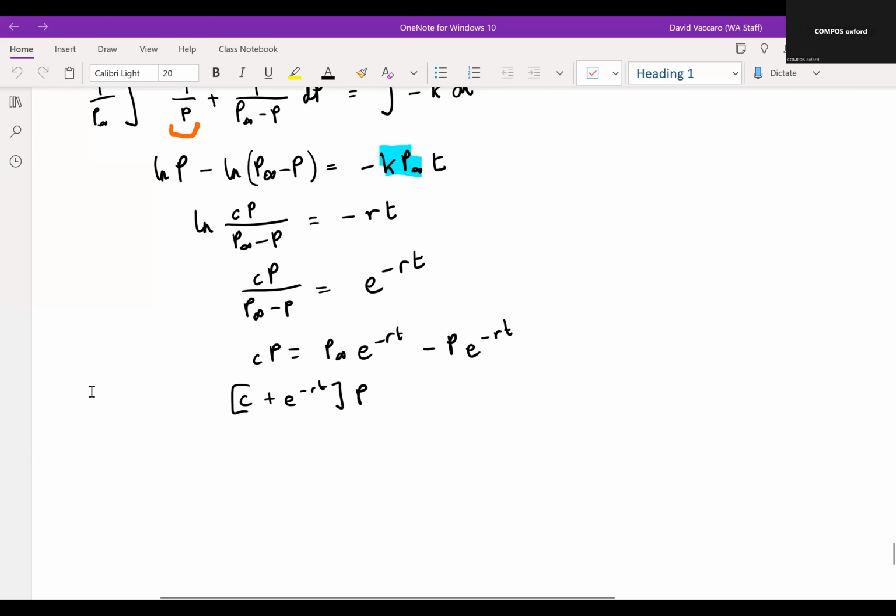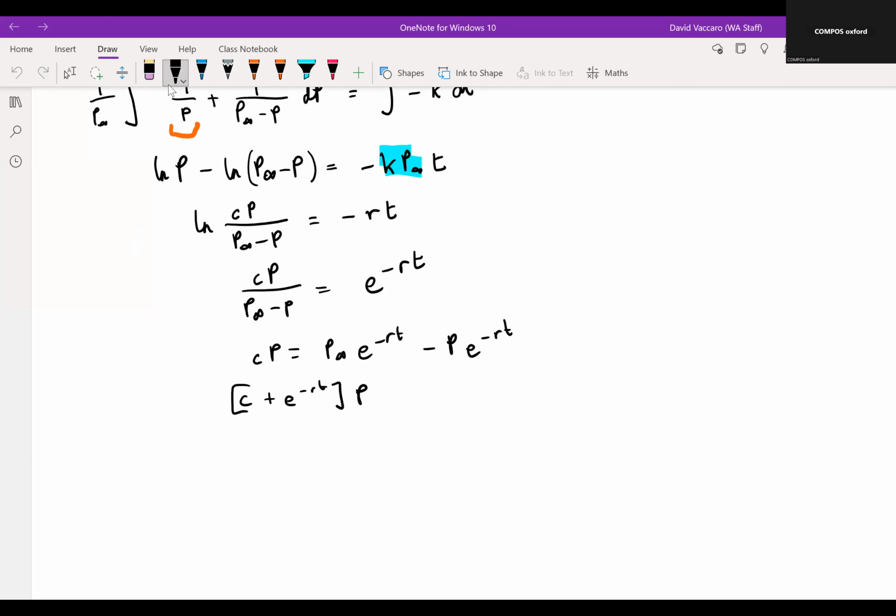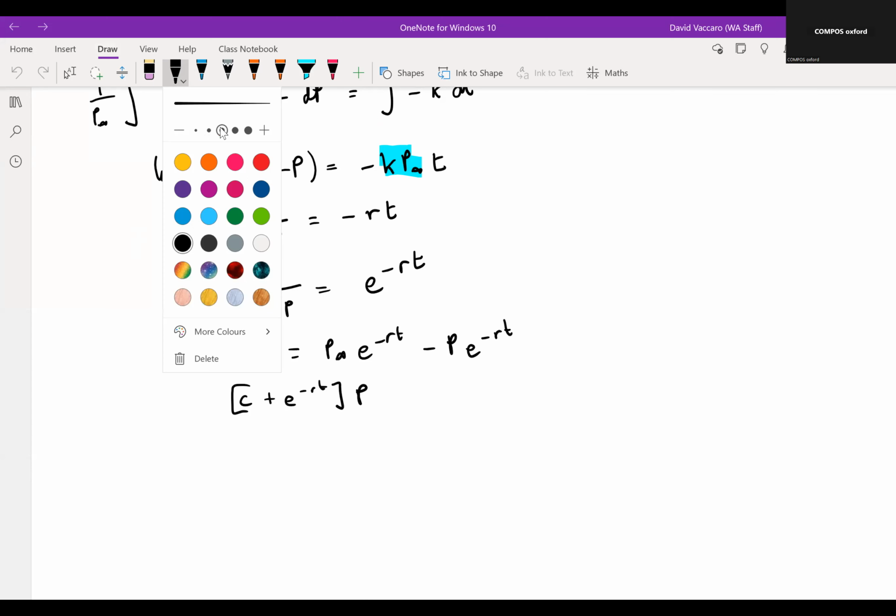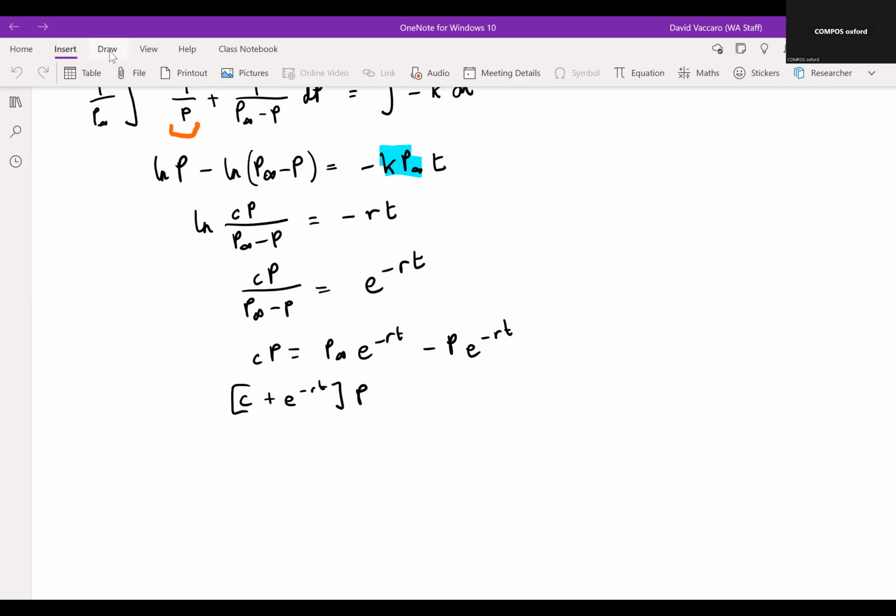Oh, my pen has stopped working. I'm in the home straight, but... Okay, I'm just going to have to write with my mouse for a second temporarily.